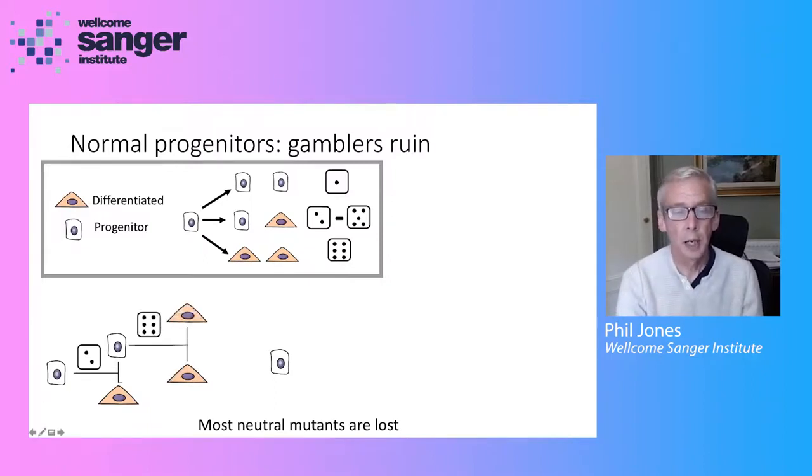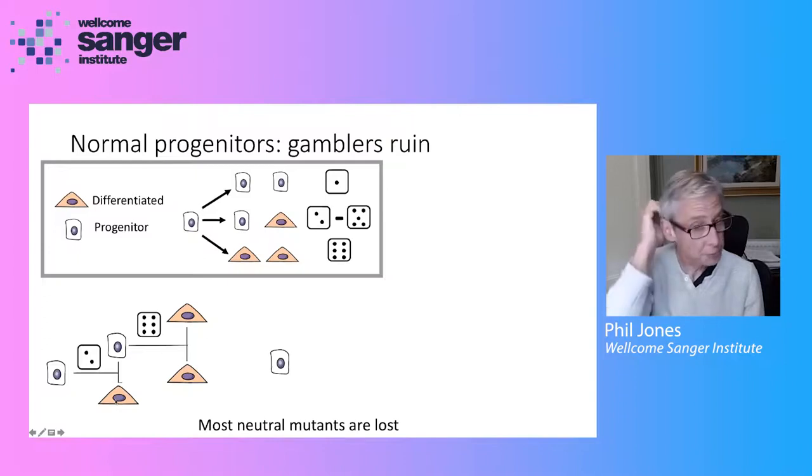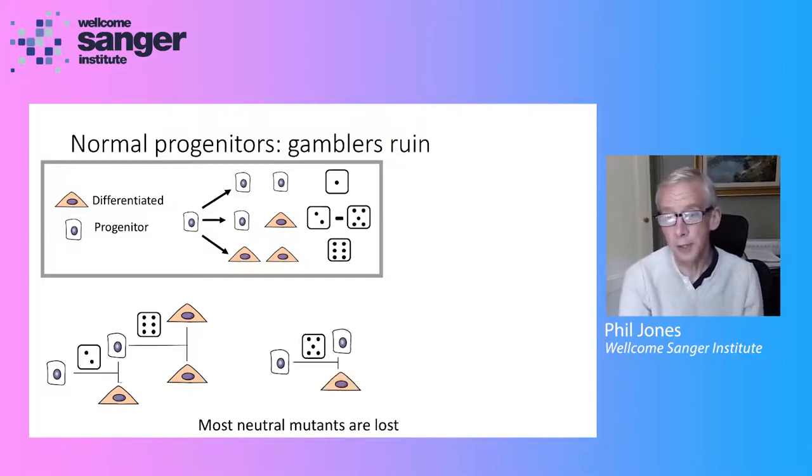And now all the cells in this tiny little group of cells have differentiated. So if this cell was carrying a neutral mutation, that mutation would be lost from the tissue. And indeed, most cells that develop a neutral mutation will be lost from the tissue within a few rounds of cell division. But that isn't always the case.